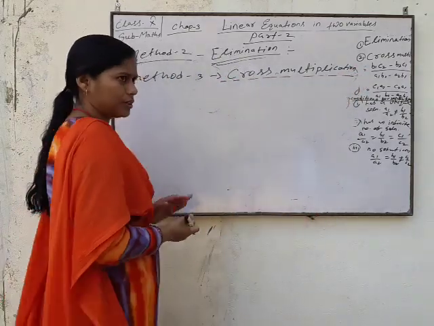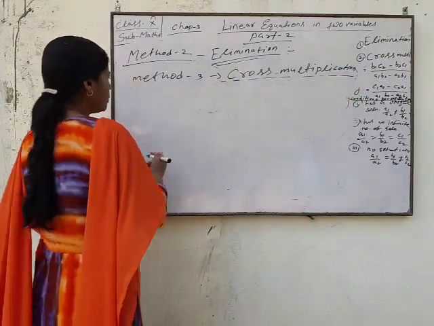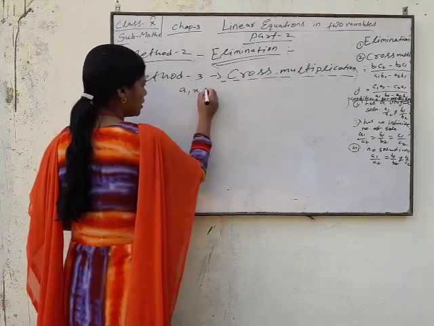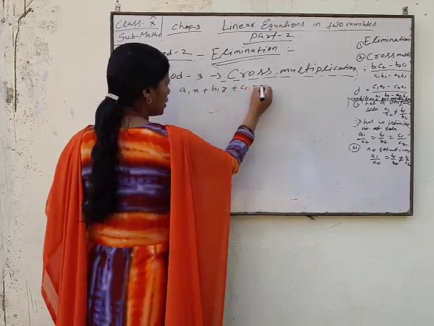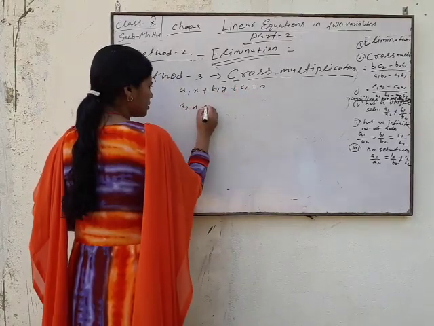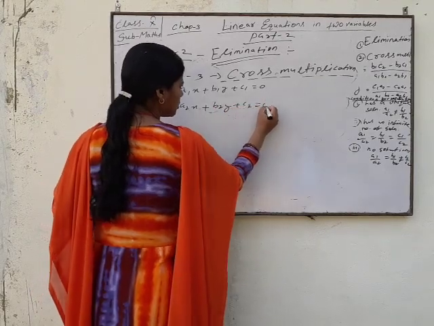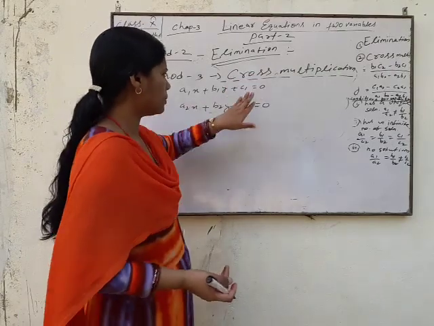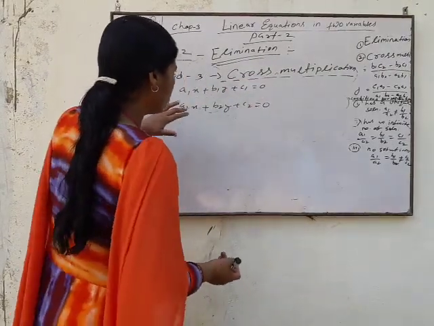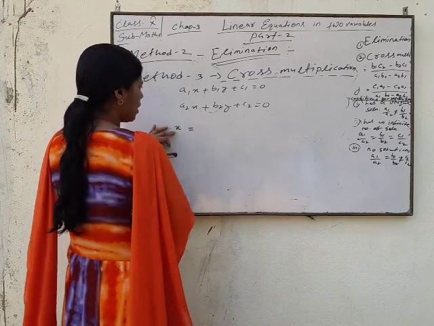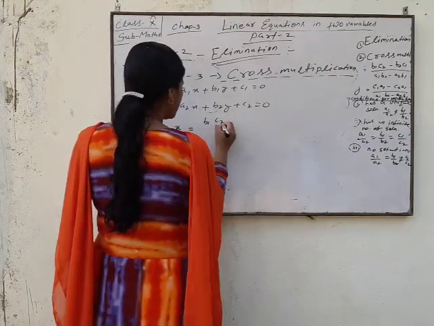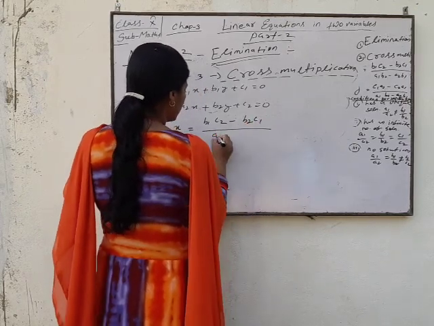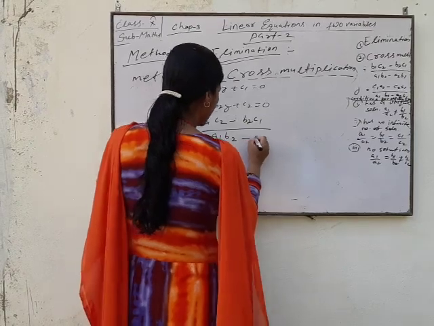Cross multiplication method. If your two simultaneous linear equations are a1x plus b1y plus c1 equal to 0 and a2x plus b2y plus c2 equal to 0, then by using the cross multiplication method, x equals b1 c2 minus b2 c1 divided by a1 b2 minus a2 b1.